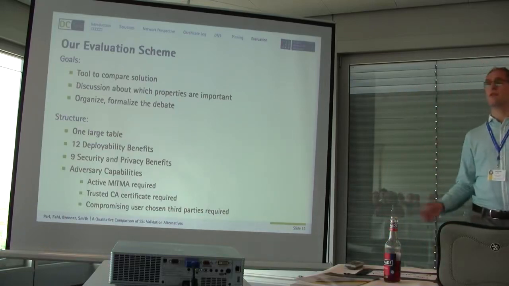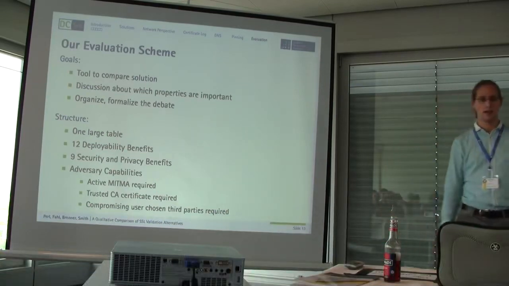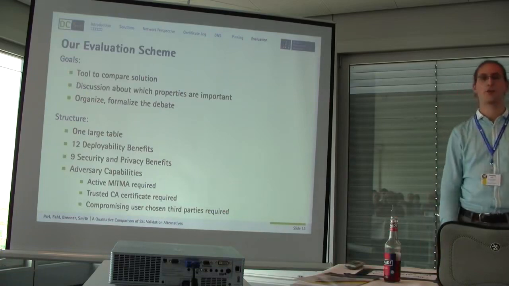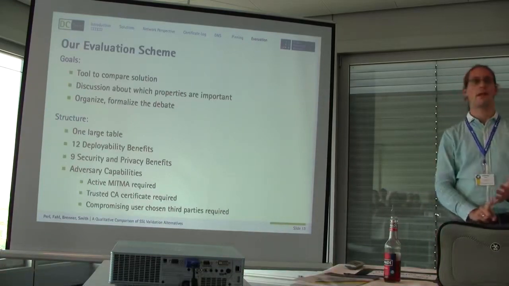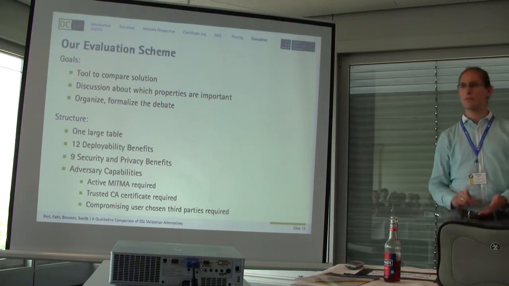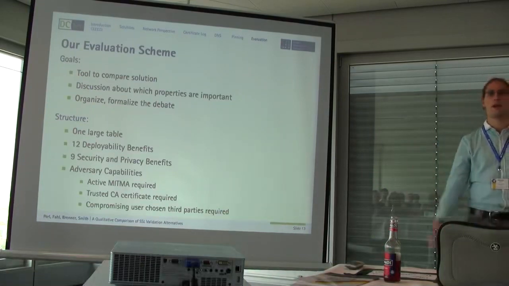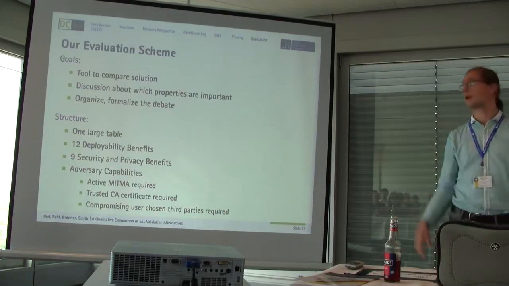So the third level of adversary capabilities is to compromise any user-chosen third parties. So along with you have an active man-in-the-middle attack and you have a trusted CA certificate, you can also tamper with the output of or compromise any third parties.